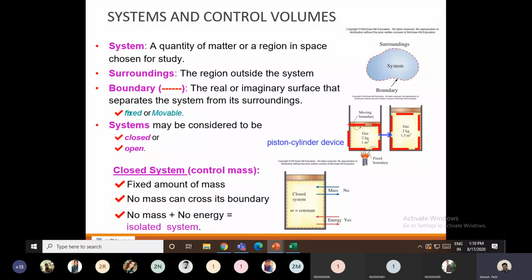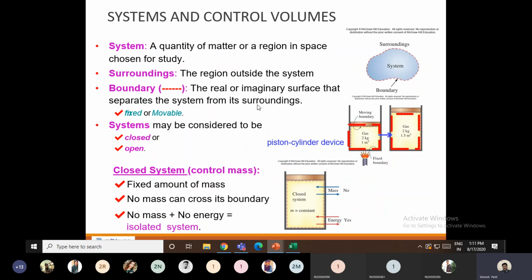That type of system is called control mass, or it is also called the closed system. And control volume means the mass is continuously entering and leaving the boundaries of the system. That type of system is called the control volume system, or the open system. And the third type of system is the isolated system.